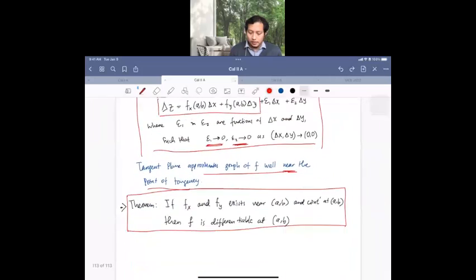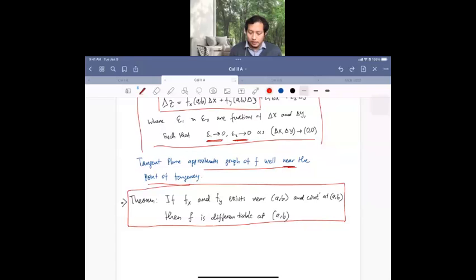So this is the implication of the theorem. We need to make sure that partial x and partial y exist near the point of observation and are continuous. With these two requirements, we can say the function is differentiable, or that z is differentiable.